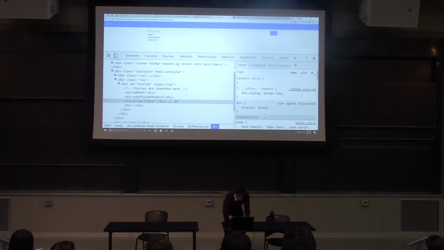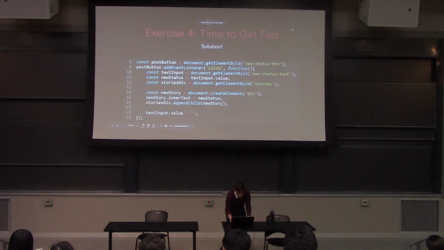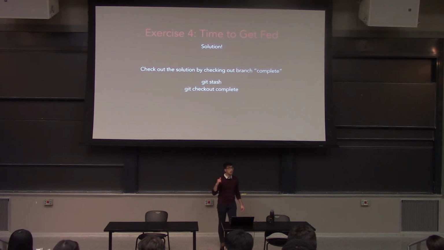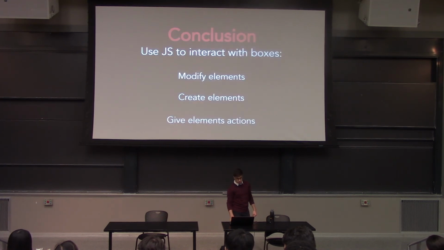All right, so now that we've done that, looks like we did quite a bit. So I hope you're excited. And if you didn't quite figure out the solution, you can find my solution by checking out the final branch, complete: git stash, git checkout complete. It's basically what I just showed you. But in conclusion, you use JavaScript to interact with boxes.